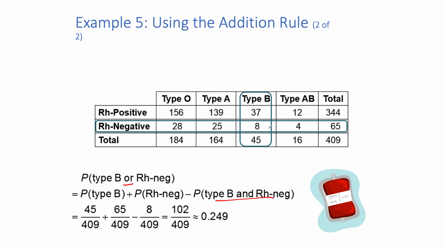Type B: there are 45 people out of the 409 who are type B. So that's the probability of type B. For Rh negative, there's 65 Rh negative of the 409, so that's 65 over 409, minus the probability of type B and Rh negative, which is 8 over 409. So the probability there is 102 over 409. Okay.